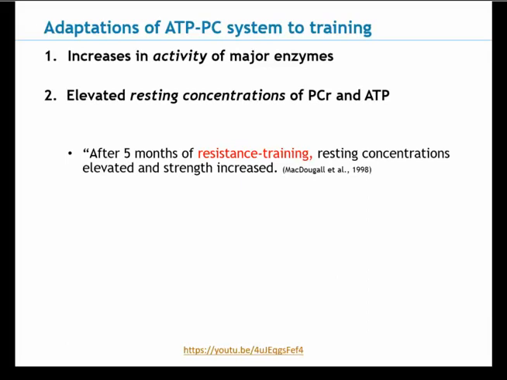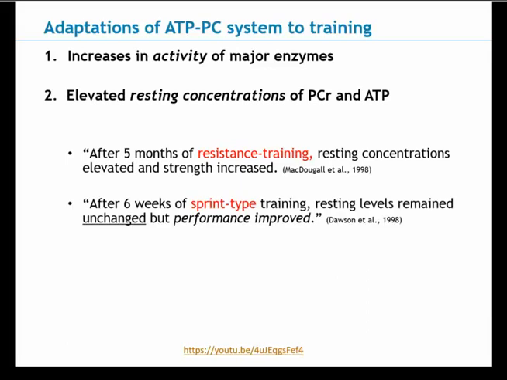After 5 months of resistance training, one study found resting concentrations increased by about 22% for creatine phosphate and about 18% for ATP, and that resulted in a 28% increase in strength. So the benefit of resistance training for 5 months or longer is that we have more energy stores. Our body is able to store more ATP and creatine phosphate to help us in this performance, which may also increase our strength.